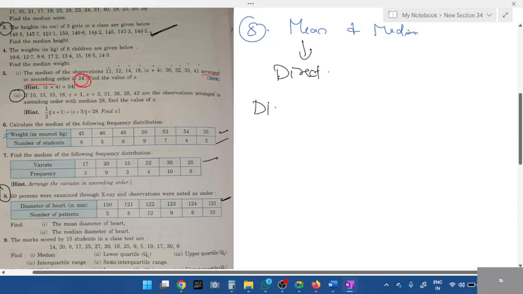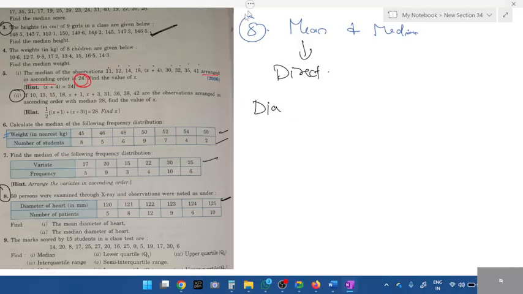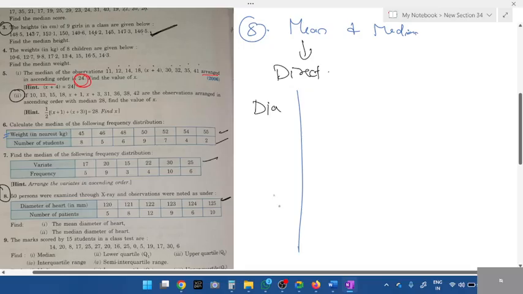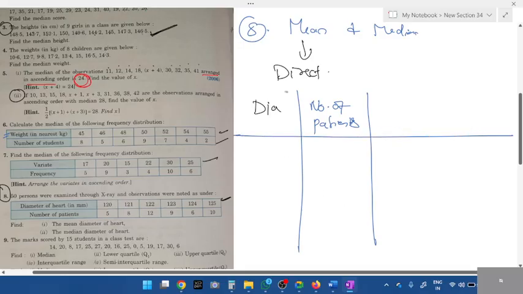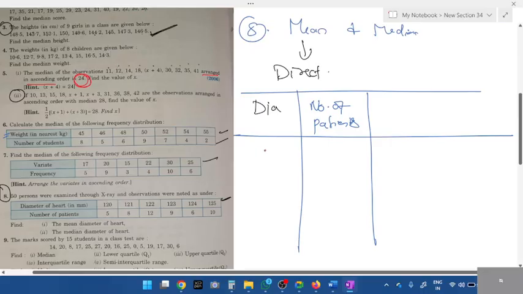So look, first let us write the table. Diameter of artery, I'll just write dia. Number of patients. All of you start writing, students. Be quick. One more thing. For mean, do we arrange in ascending order? All of you respond.